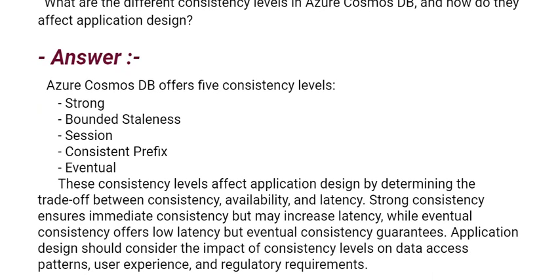These consistency levels affect application design by determining the trade-off between consistency, availability, and latency. Strong consistency ensures immediate consistency but may increase latency, while eventual consistency offers low latency but only eventual consistency guarantees. Application design should consider the impact of consistency level on data access patterns, user experience, and regulatory requirements.